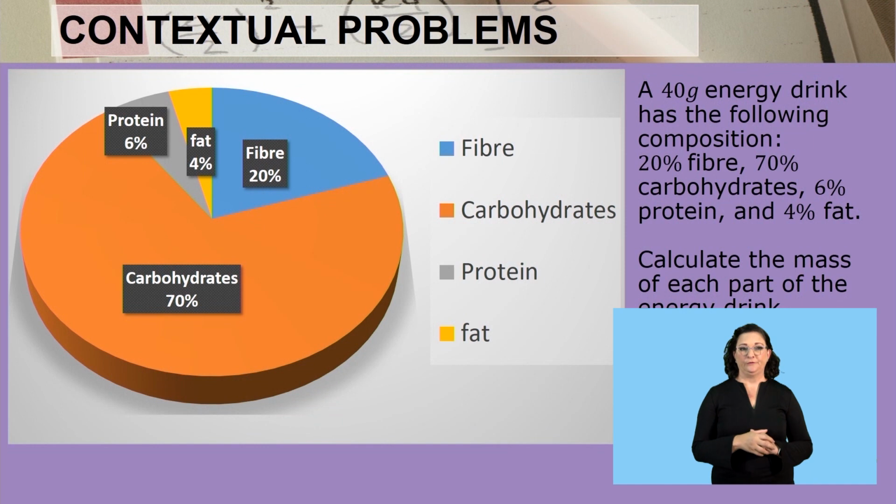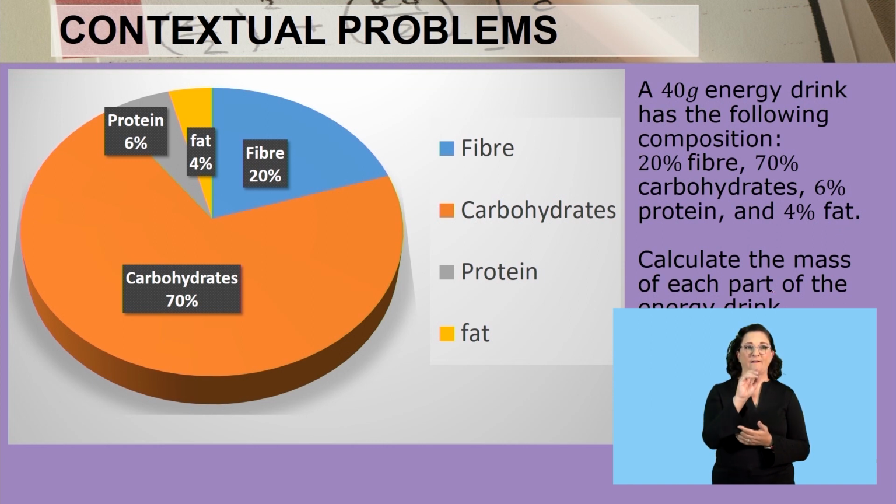Let's see. This is the first example. First example says a 40-gram energy drink has the following composition: 20% of fiber, 70% of carbohydrates, 6% of protein, and 4% of fat.